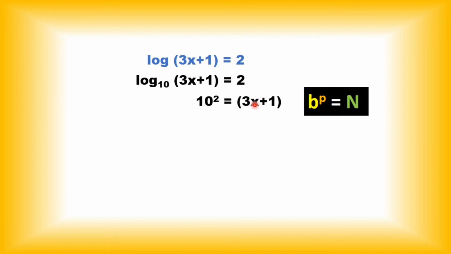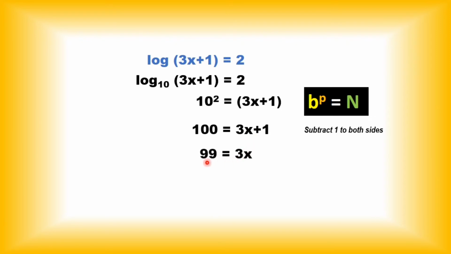We can now solve for x. So 10 squared is equal to 100. We write 3x plus 1. Then subtract 1 from both sides of the equation. So we have 99 is equal to 3x. Then divide both sides of the equation by 3. So the value of x is equal to 33.